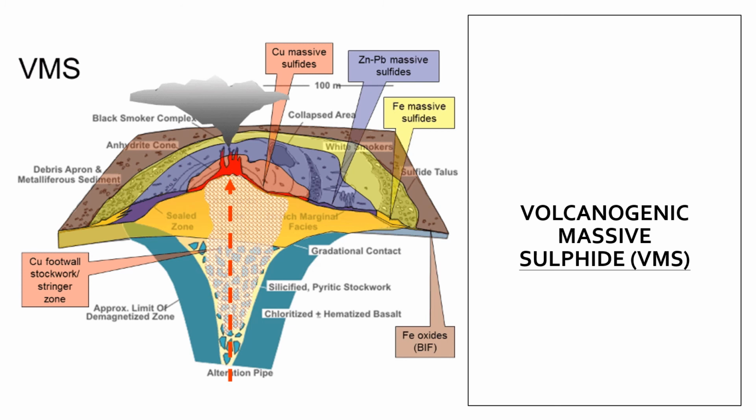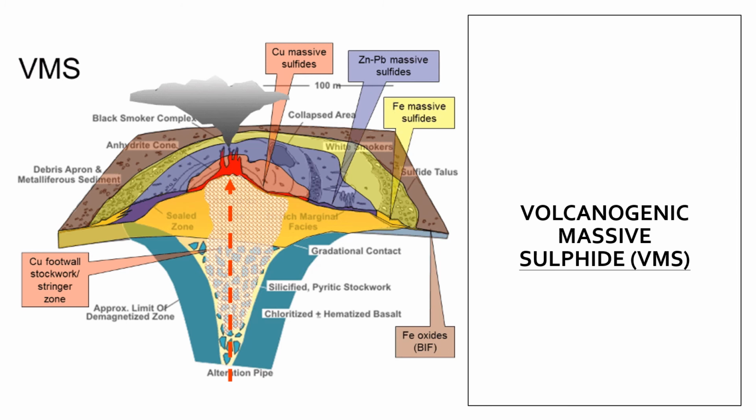Volcanic massive sulfides are associated with hydrothermal vents in submarine areas, and these hydrothermal vents are rich in sulfides. And one of the popular indicators of VMS is the black smoker complex, which I'll be showing you later on.